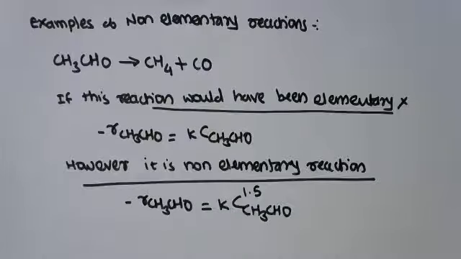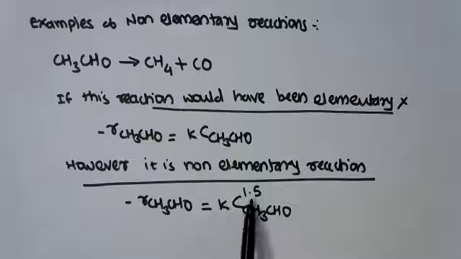If you add that data and simplify it, by either numerical or graphical means, you will be able to calculate the value of order of reaction and value of rate constant.